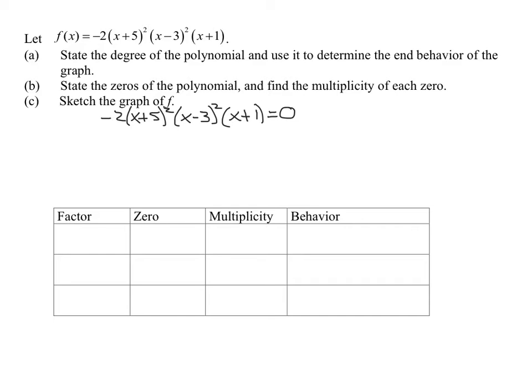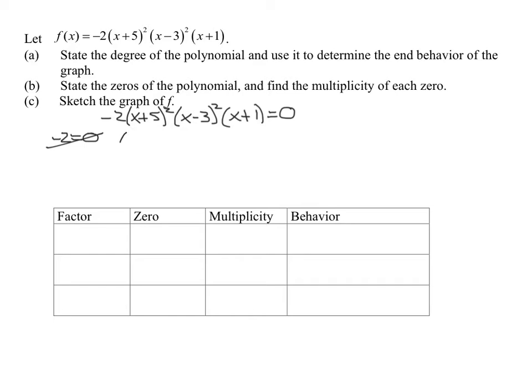Since it's already factored, all we have to do is set each factor equal to 0. So the first one, negative 2 equals 0. Well, does that make sense? No, negative 2 always equals negative 2. So if you just have a common factor of a number, it won't give you a 0.